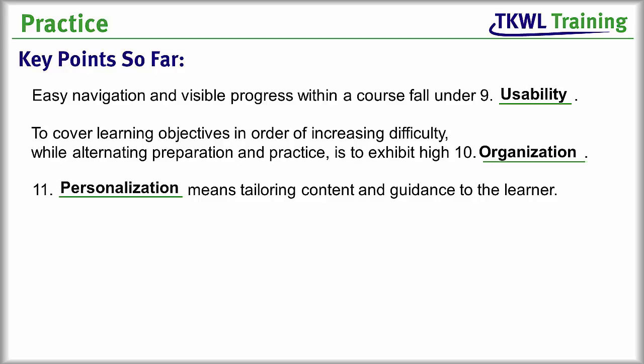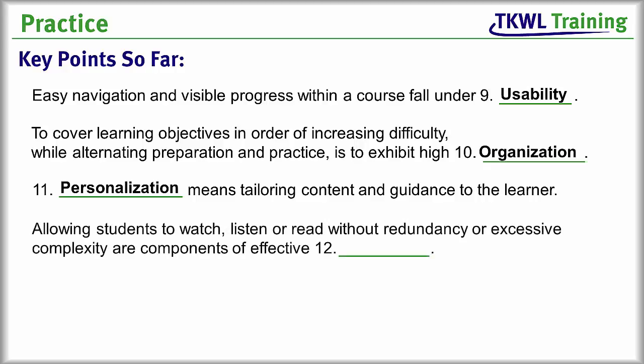A personalized course gives different assignments and feedback to the expert than to the novice. Effective use of multimedia reduces redundancy and complexity. We should be able to watch and listen and read with ease and without confusion.